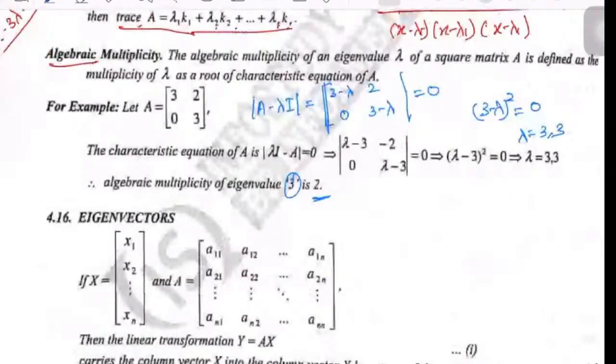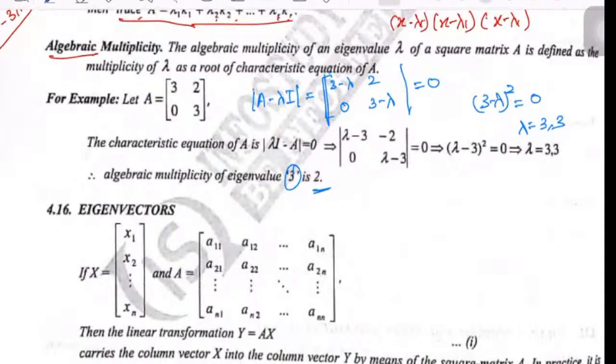Eigenvector. Eigenvector is nothing but if x is a vector, a transformation y equal to Ax carries this column vector x into column vector y by square matrix. Ax equal to b, இங்க வந்து y னு கொடுத்திருக்காங்க. Ax equal to y னா this transformation A takes x into y.